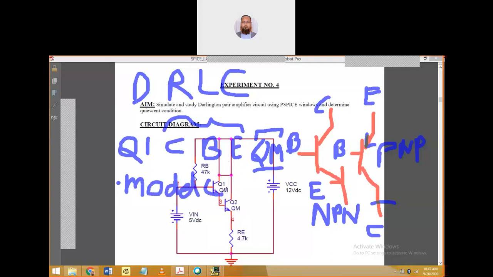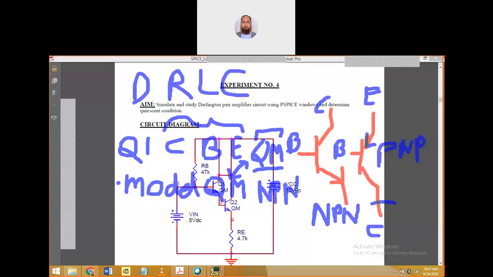So we have to give the name here, QM. These two names must be the same. Now comes what type of BJT we are defining. Here we are talking about the NPN, so I will write NPN.